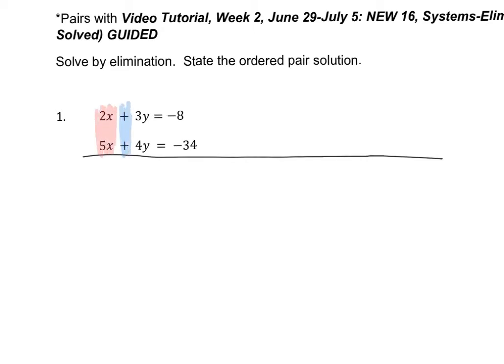So if we highlight this and get it ready, or even try to look for what is ready, it doesn't look like much because we have the x's, we have 2 and 5, we have the y's, we have 3 and 4. The numbers don't really count because there's nothing to eliminate there. We talked about what makes it look ready, or what makes it a good fit. 1 we can turn into any number by multiplication because 1 times any number is that number.